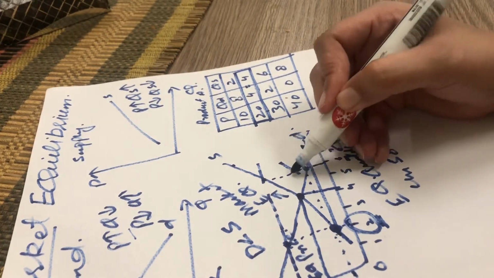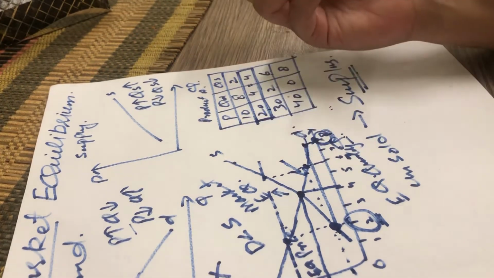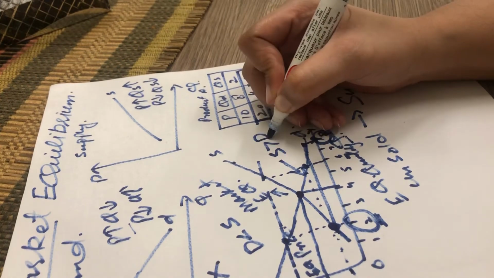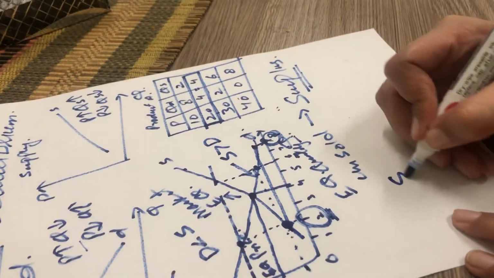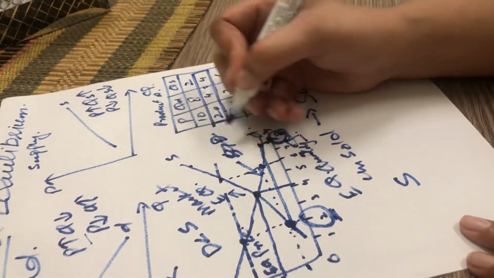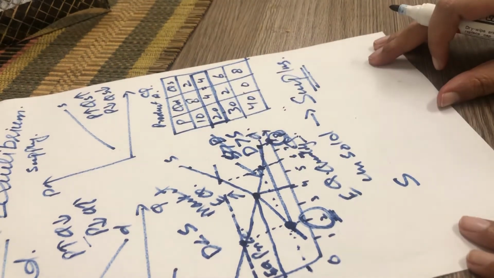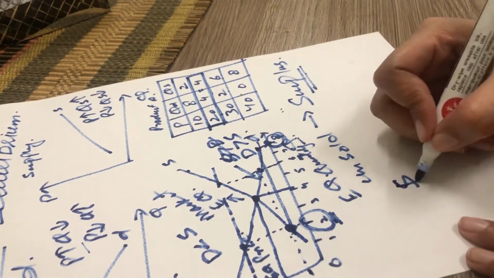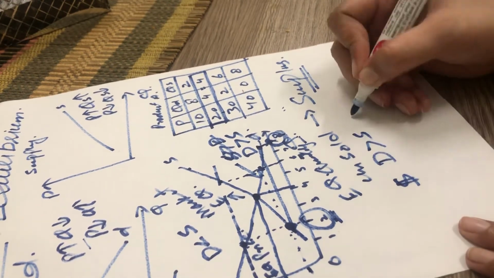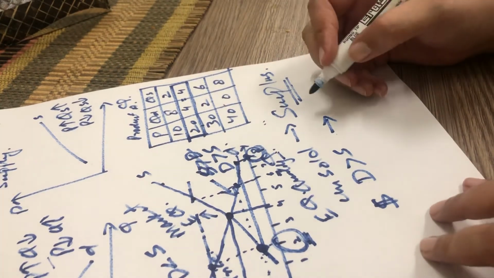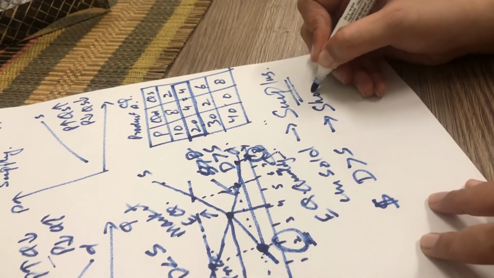So in this scenario, your demand is greater than supply. It means people are demanding more, and when they are demanding more and there are not such things available in the market, this will create a shortage.